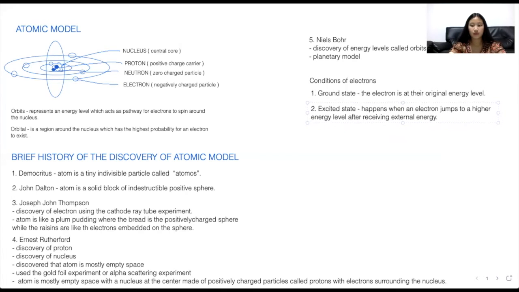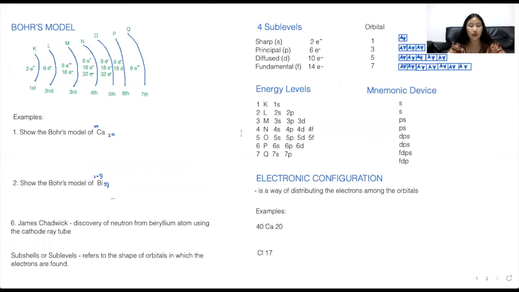Next, let us move on to the next page. We have Bohr's model. In Bohr's model, each shell is labeled as K, L, M, N, O, P, and Q. You have the first, second, third, fourth, fifth, sixth, and seventh. So the first shell can only hold up to 2 electrons.